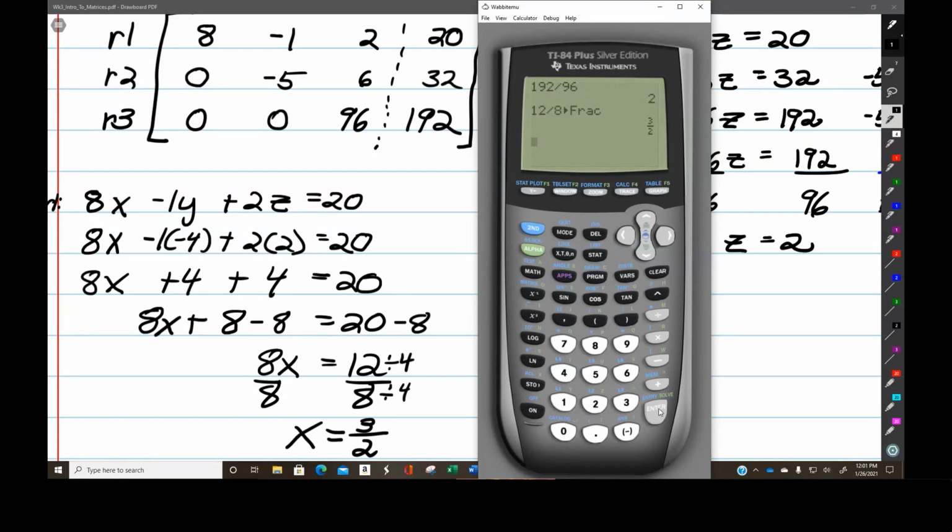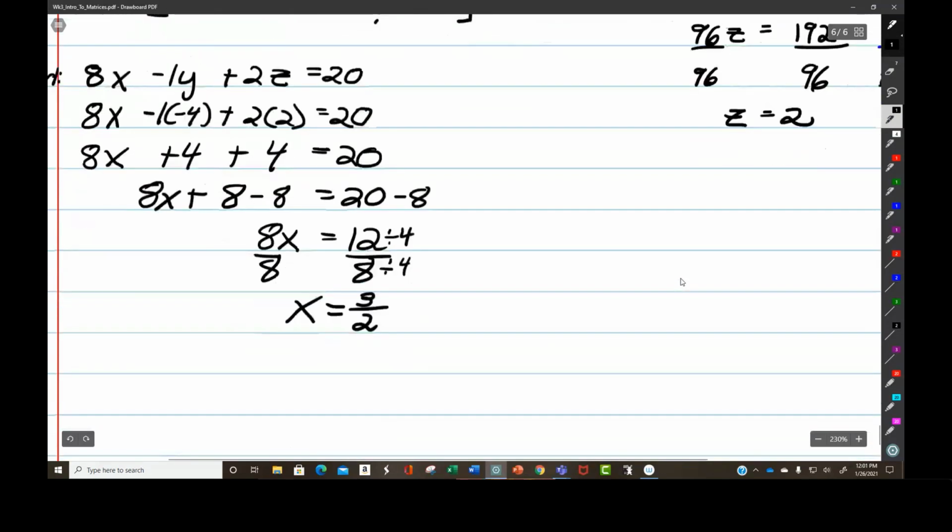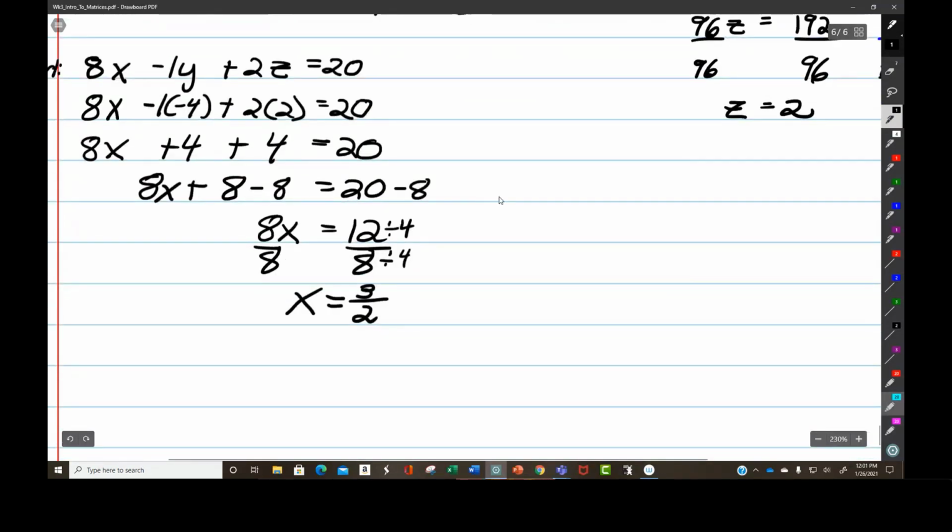And the answer is 3/2. So we write the answer in this form: x, y, z, where z is 2, y is negative 4, and x is 3/2. And there you go.